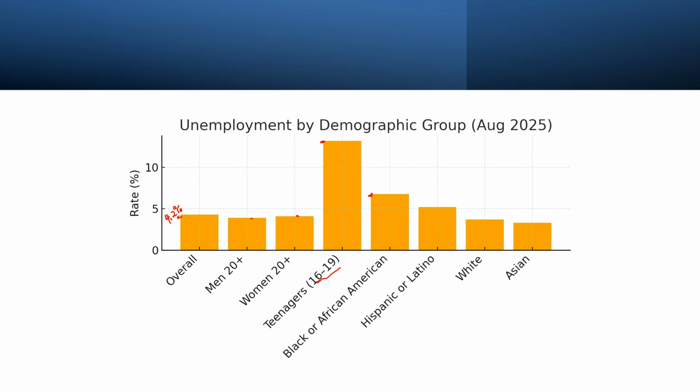And Hispanic, Latino, similar situation, but a little bit less. And then we have white people in general. White people, again, it's around 4%. And then we have Asian people, which is a little bit lower than white people. I don't want to get into stereotypes, but a lot of times the stereotypical view of Asian people is that they're always hardworking and very focused on learning and acquiring new skills.